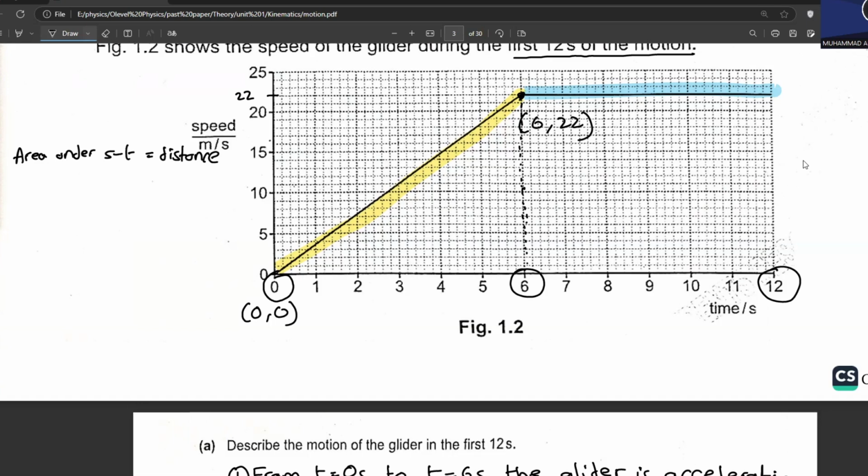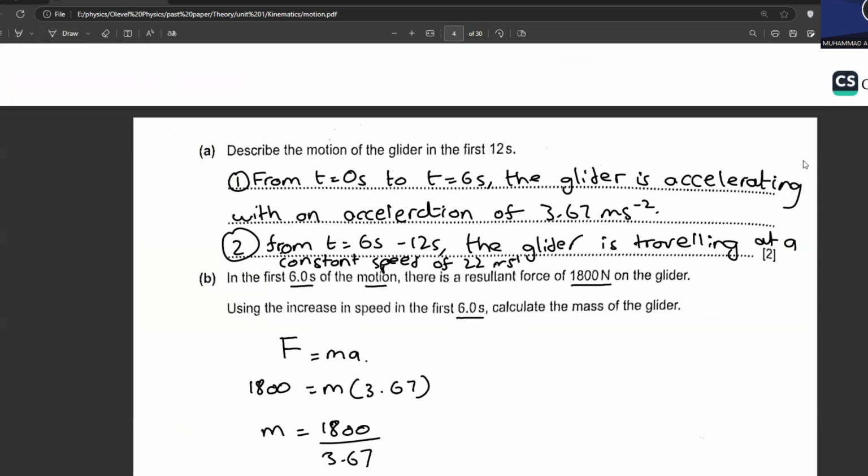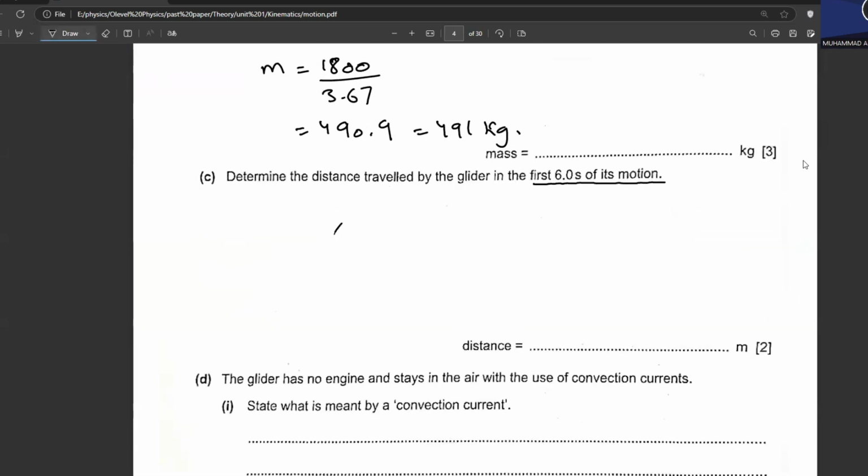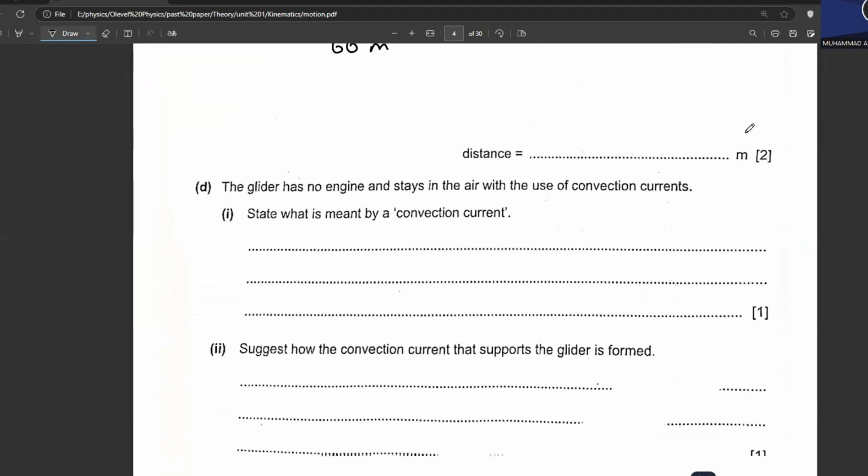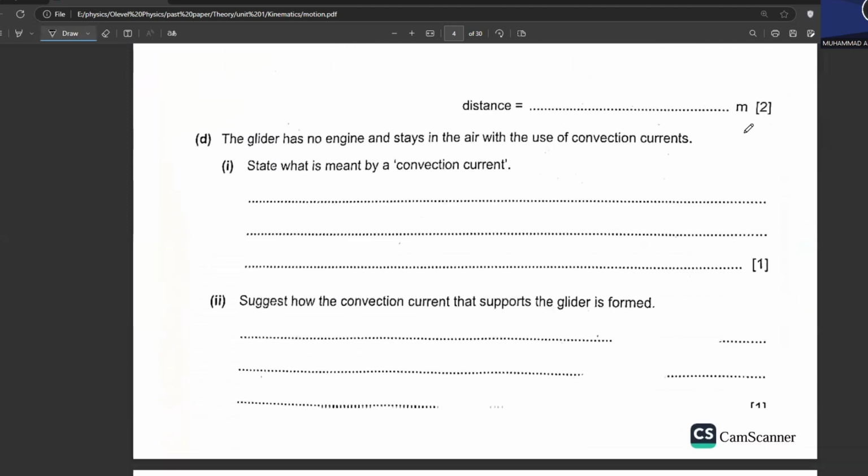For the first 6 seconds, this is a triangle. The area is 1/2 times the base, 6, times the height, 22. This becomes 66 meters, your distance traveled. Let's write it here. Obviously, you can copy the working from top to bottom; it makes zero difference.